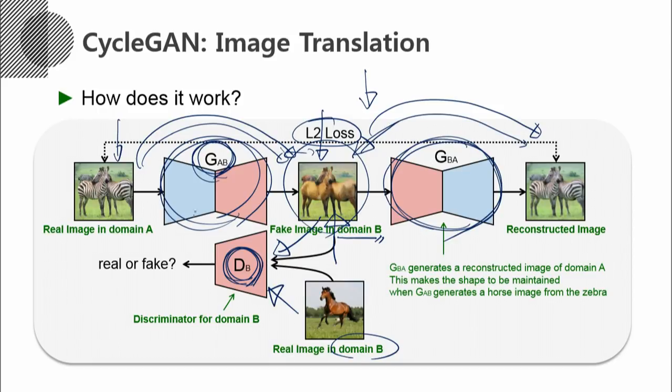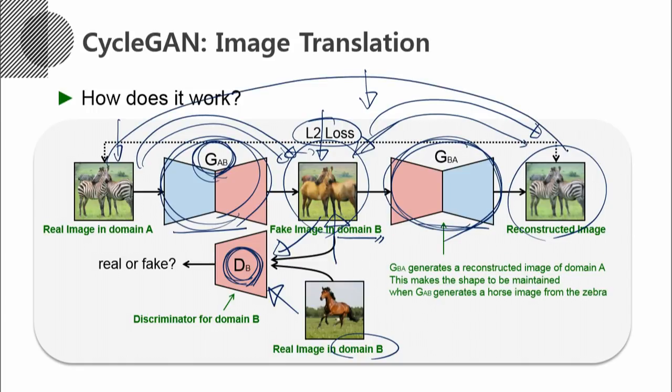When passing through these two inversely related networks, what we want to obtain is the original zebra image, exactly the same as the input image. So we impose this loss so that these two images are as close as possible to each other. That way we can properly train these two image translation networks to convert each given image into the corresponding domain.